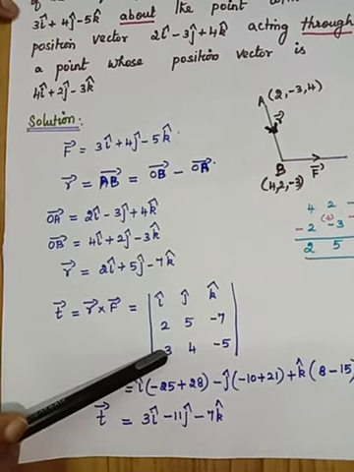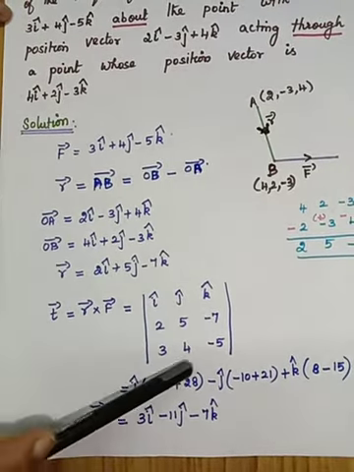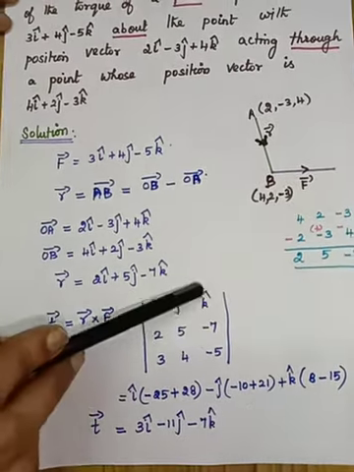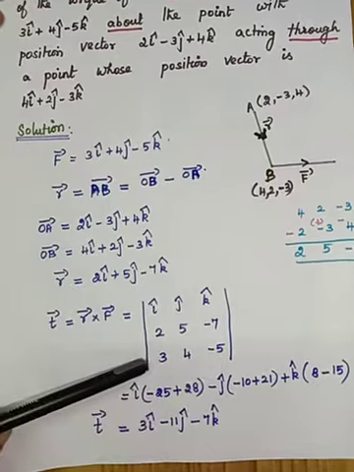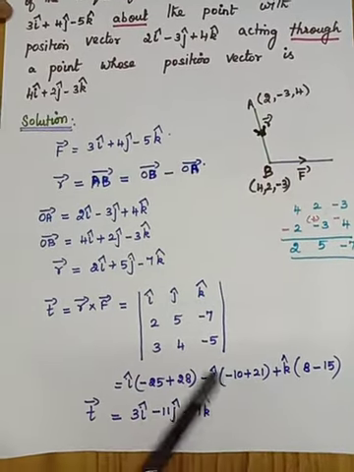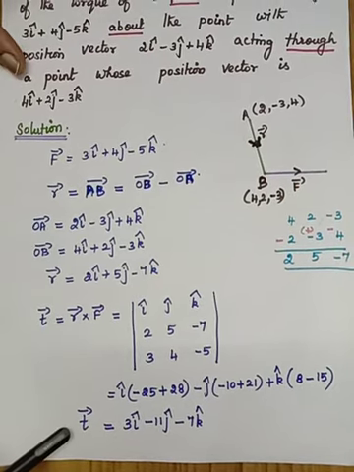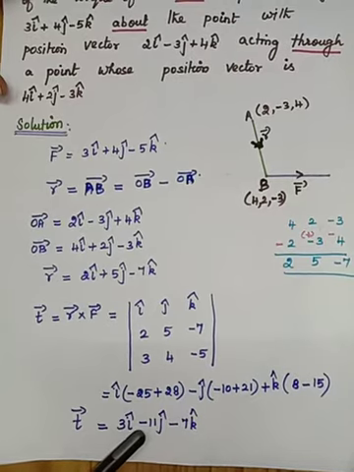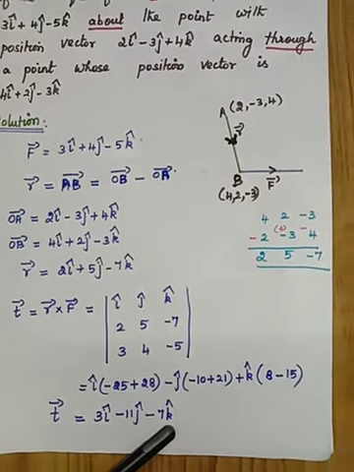Minus in between, you have to write, when you multiply these two, minus 21. So it will be written as plus 21. Plus k cap into, delete the first row and the third column. So here you will have 2 4s are 8, 8 minus 15. So while you are calculating, the T vector is equal to 3i cap minus 11j cap minus 7k cap.